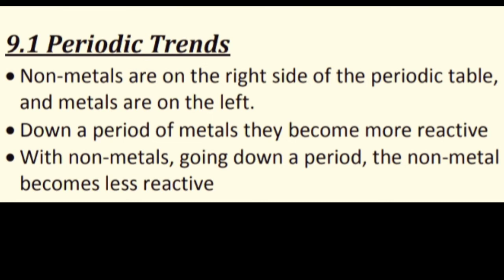When you move down a group, a vertical column, in case of metals, metallic character increases. Also the reactivity of metals increases from top to bottom. But on the right-hand side, the non-metals, when moving from top to bottom, reactivity decreases.